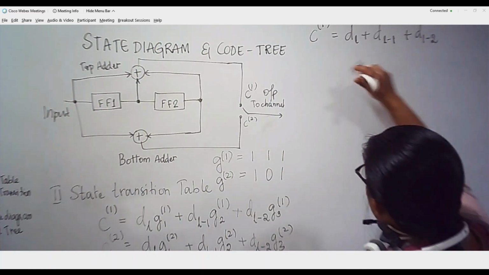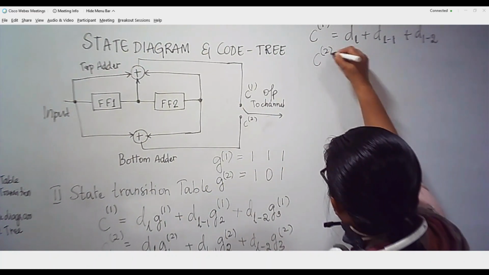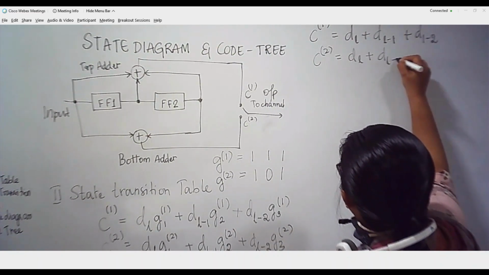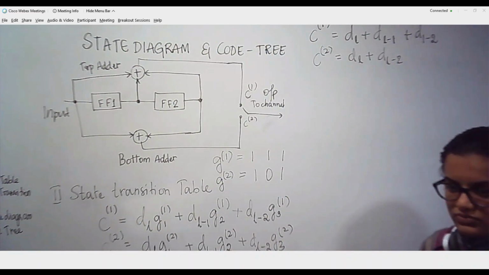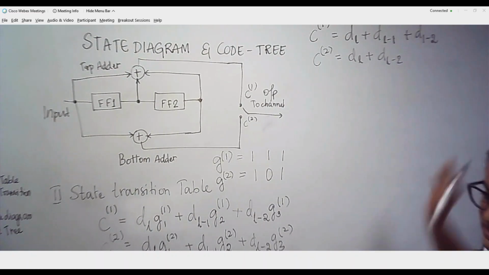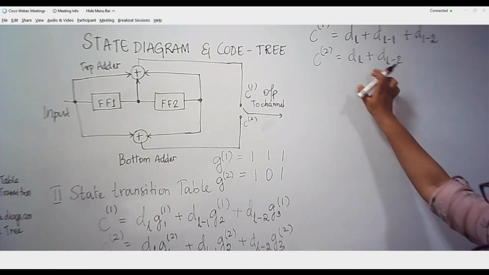This is for the top adder. C2 can be written as D_L plus D_(L minus 2).